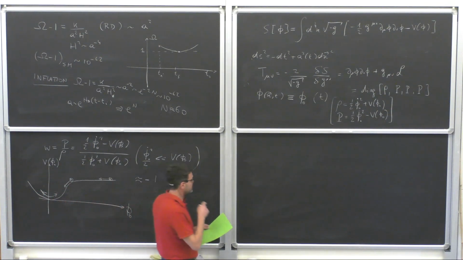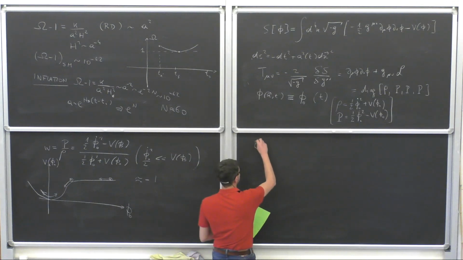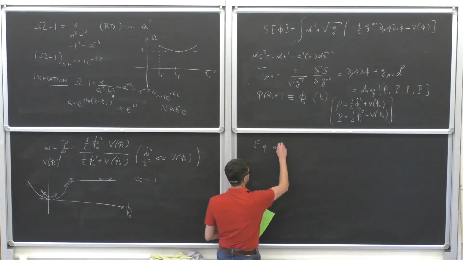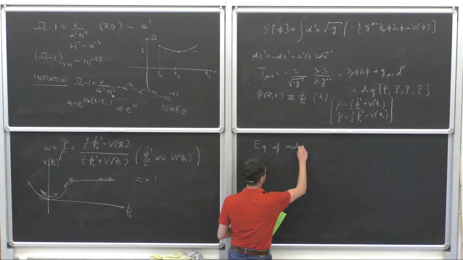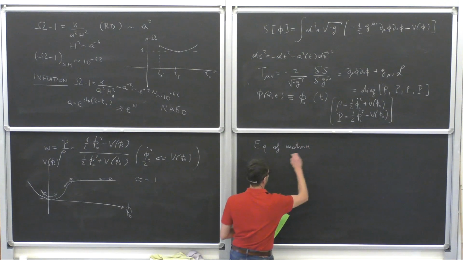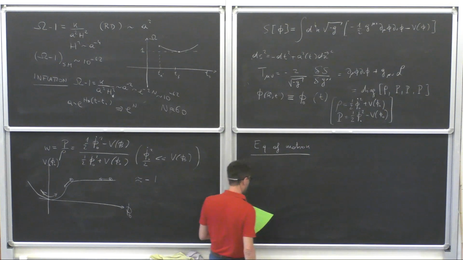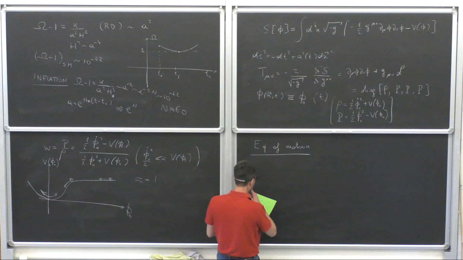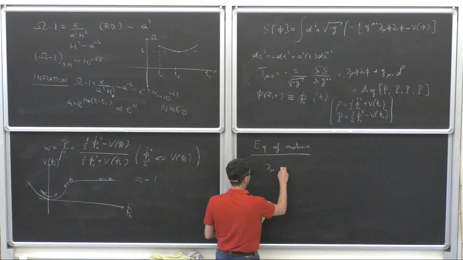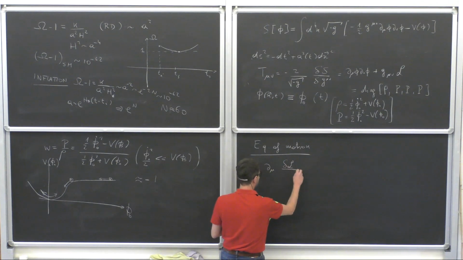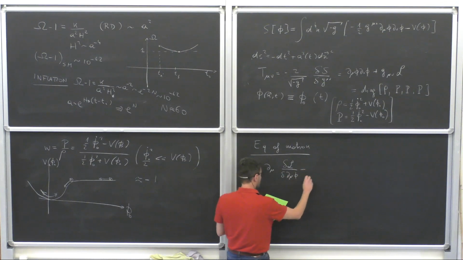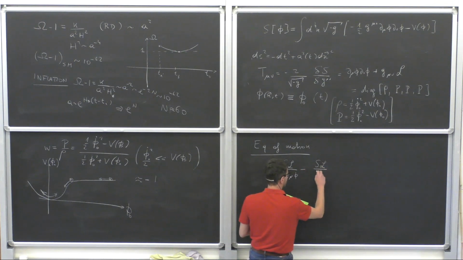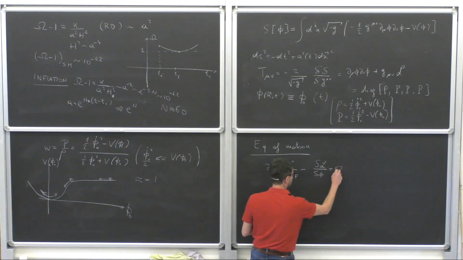Well, in order to do this, what I have to compute is the equation of motion of the homogeneous part of this scalar field. So you do the usual Euler-Lagrange trick. You write down the equation of motion as d mu of the variation of the Lagrangian with respect to d mu phi, minus the variation of the Lagrangian with respect to phi, equal to 0.